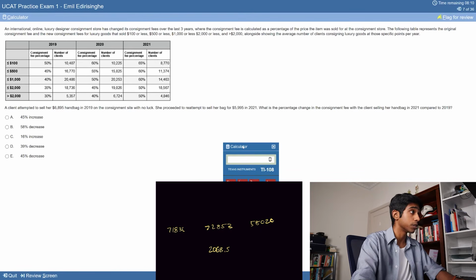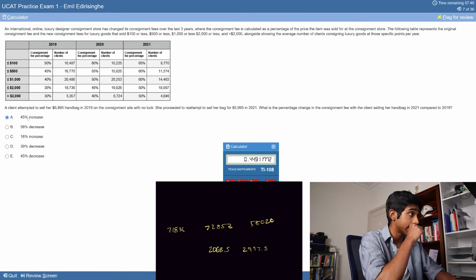And then in 2021, it became 50%. So 5995 times 0.5, 2997.5. So minus 2068.5. So that divided by 2068.5, which is a 45% increase.